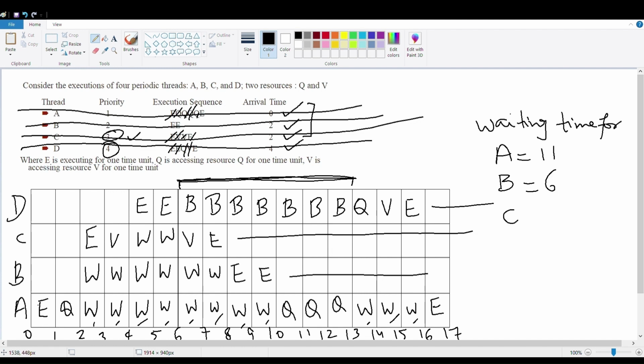The waiting time for process C is 1, 2, because C enters the system at 2 and starts the execution at 2, but C has 2 waiting time. And what about D? D is blocked at 6 and D starts the execution at 13. So 6 to 13 is 1, 2, 3, 4, 5, 6, 7. D was blocked for 7 time units. So this is the waiting time. You can find the average waiting time.